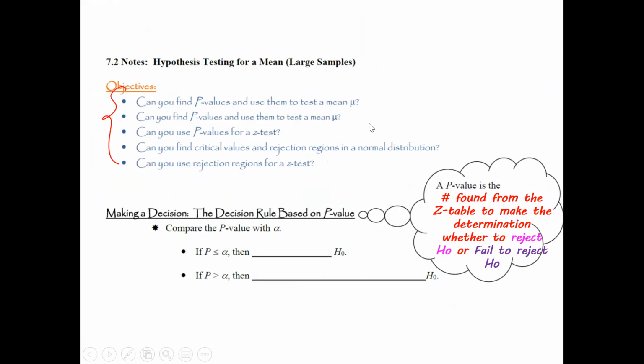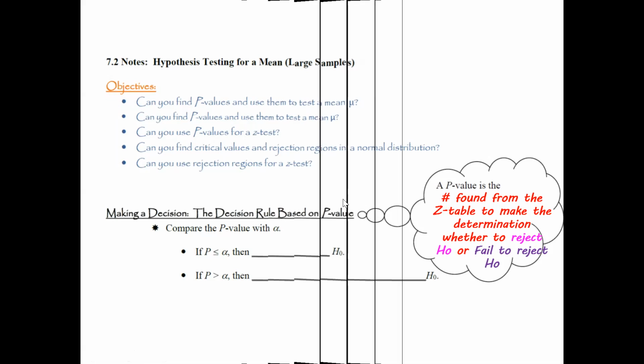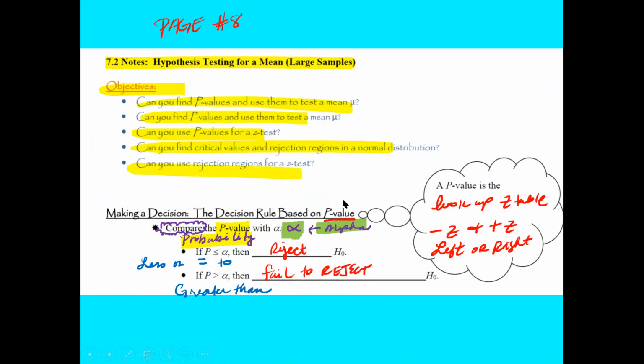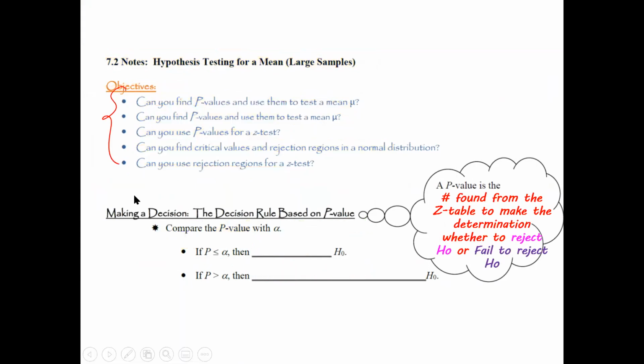Okay, so let's go ahead and take a look at this. A p-value is a number found from the z-table to make the determination whether you're going to reject the null hypothesis or fail to reject the null hypothesis. And this is what you should have, okay? So when you're making a decision for this, keep in mind that you're going to compare the p-value with the alpha.